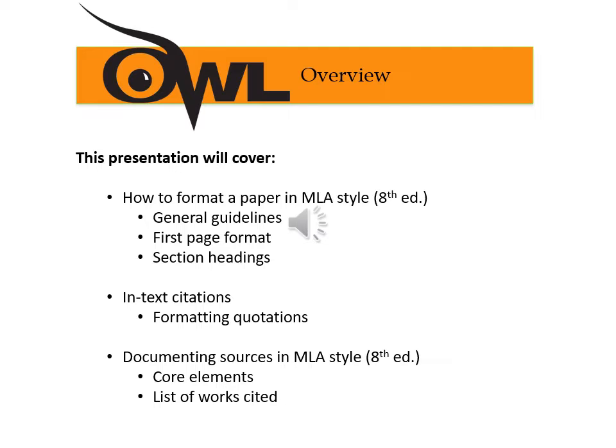Then section headings, which we're getting to in a moment, and in-text citations, which we sort of covered already. How do you format quotations, paraphrases, block quotes, and summaries? Documenting sources in MLA style: the core elements and a list of works cited. Let's take a look at a couple of those examples.